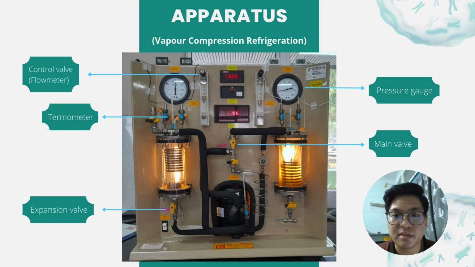In this experiment, there will be several temperature readings. Four readings you can read from the digital screen located on the top of the apparatus, while the other three you have to read on the thermometer yourself. There is also a flow meter on both sides. At the top of the flow meter is where the control valve is located.